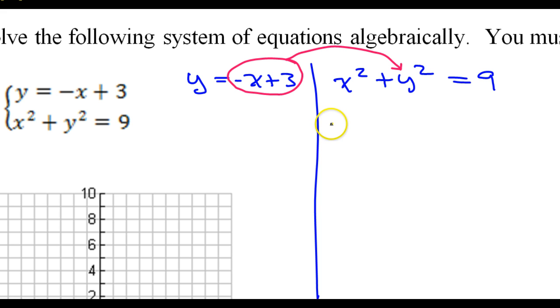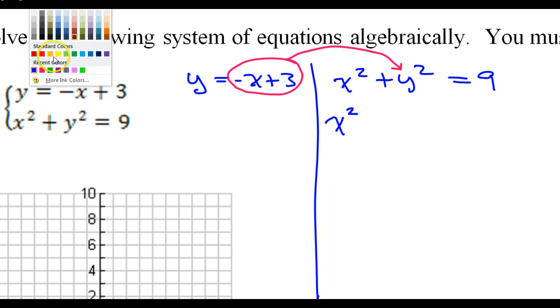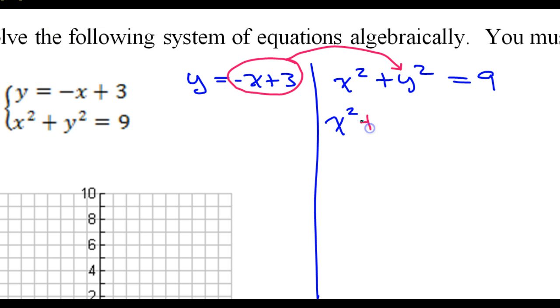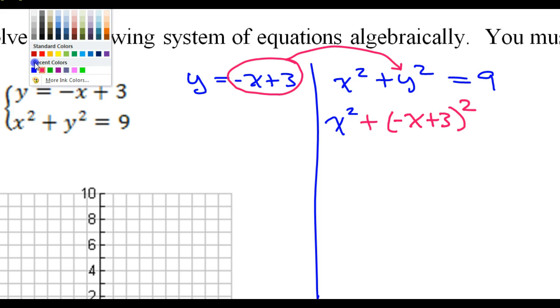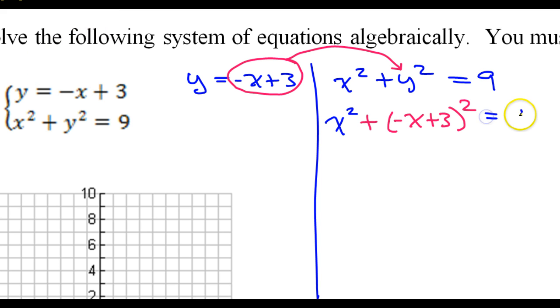Well, I'm just going to bring down my x squared unchanged. But my y squared, this is where the substitution is happening. So instead of just being y squared, the y will be replaced with negative x plus 3. So I'll be squaring that stuff, and then the rest of it, equals 9.